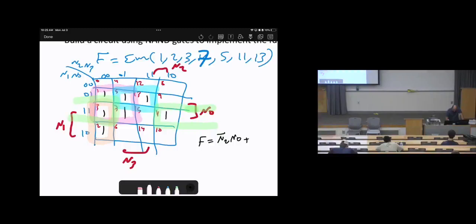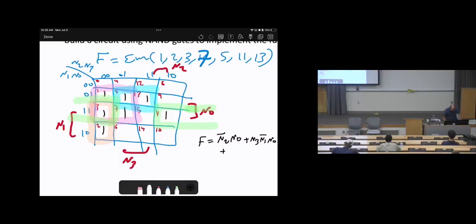Then let's look at the blue color. It should include 3 variables. These are n3, n2 is not an option, n1 bar, n0.